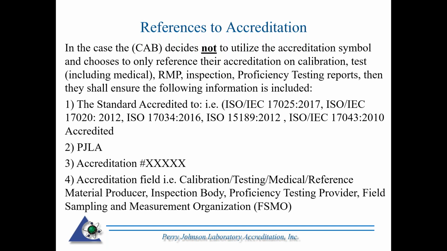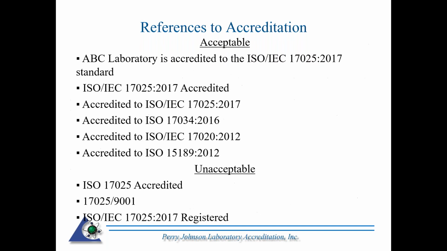So again, if you're a 17025 testing, or a 17025 calibration, or perhaps you're a medical or an inspection body, proficiency testing provider, or a sampling organization, that field would need to be also referenced in conjunction with the entire standard, the name of the accrediting body, the accreditation number, and then your field.